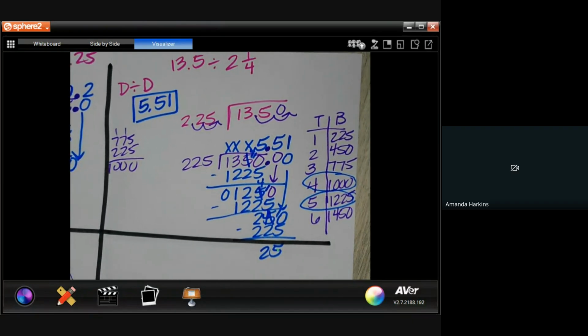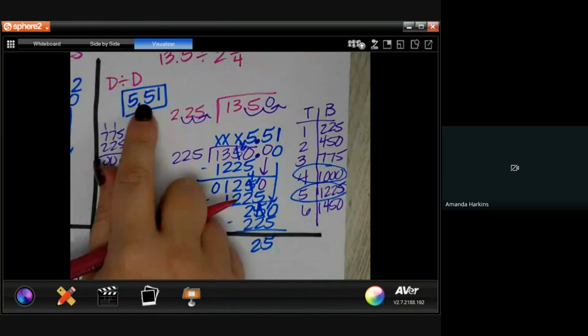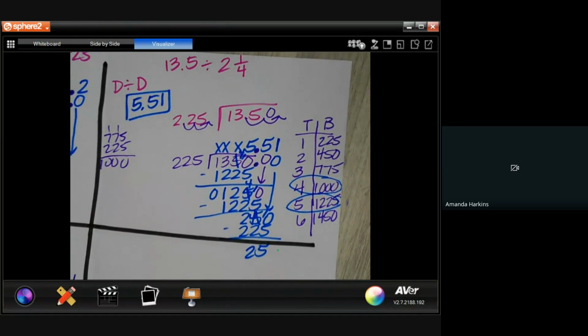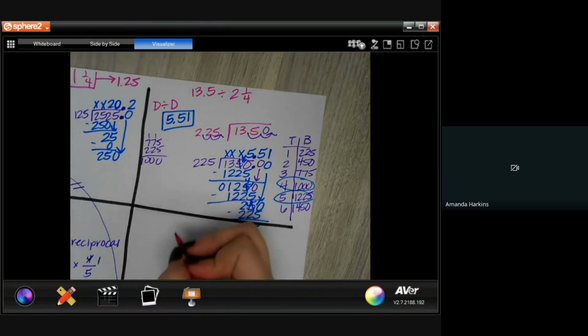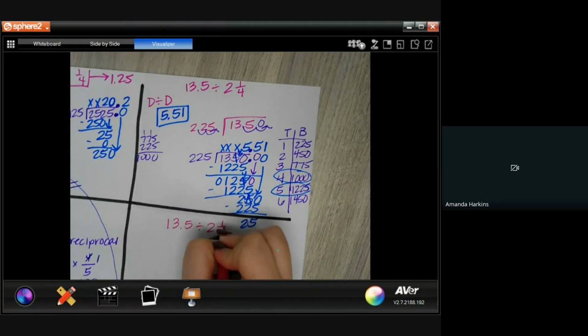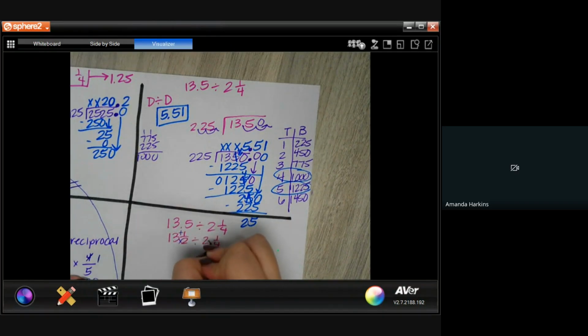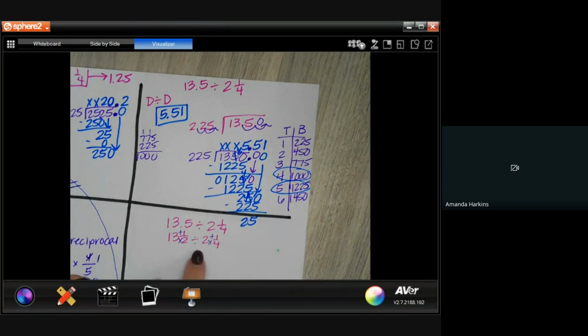Again, we can do this as decimals as well. So this would be, not decimals, I'm sorry, fractions. It's been a long day, y'all. So we have 13.5 divided by 2 1/4. So this would be 13 1/2 divided by 2 1/4. Remember, I'm going to change my mixed numbers into improper fractions.